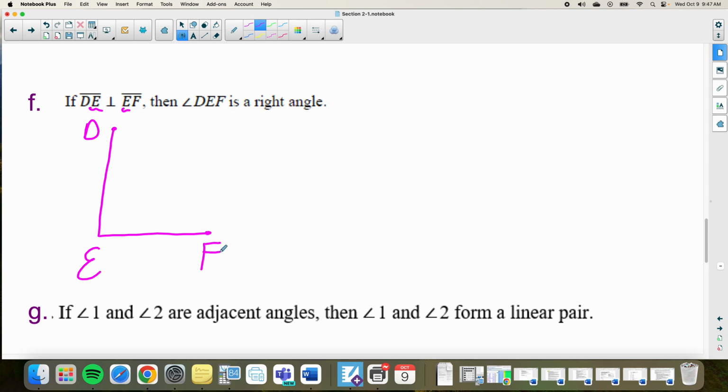And do you guys all know the upside down capital T means perpendicular? So that means this is 90 degrees. Can we say that angle DEF is a right angle? Yes. So all we have to do here is say true. Perpendicular means that it's a right angle.